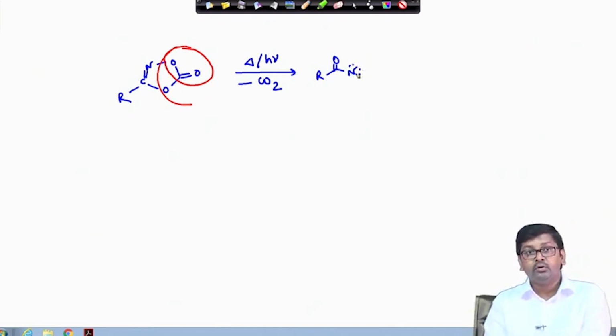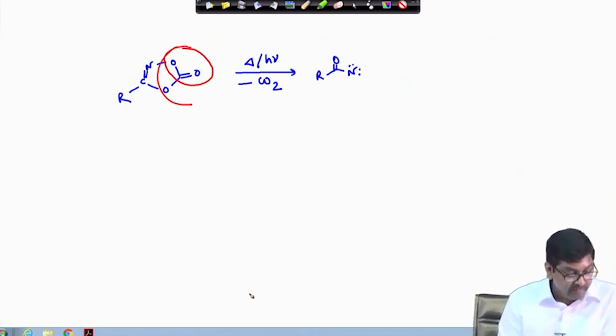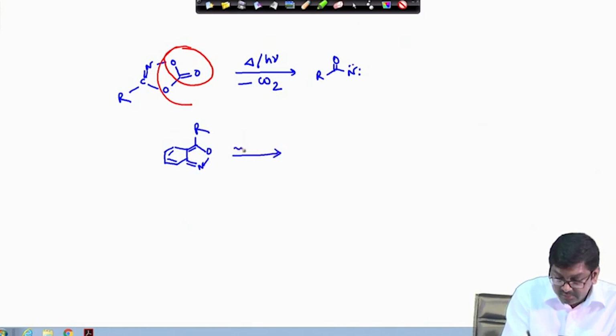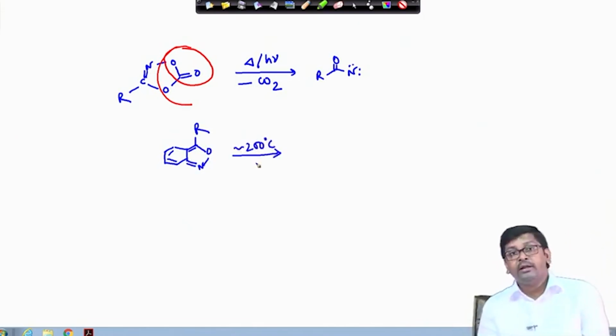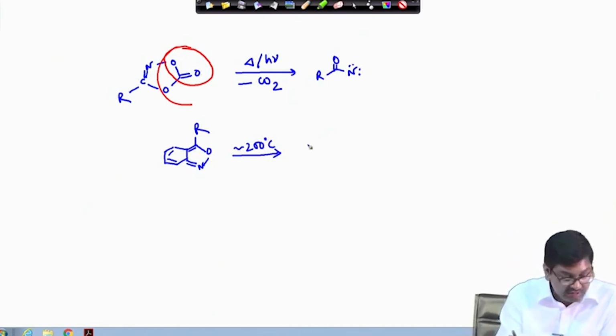Okay. So, this particular way we can liberate the carbon dioxide and then generate this acyl nitrene moiety. Another similar heterocycle, that is this anthranil type of moiety, under high temperature or under transition metal salts, can give the corresponding nitrene moiety, and this could be used for arylamination of various substrates.